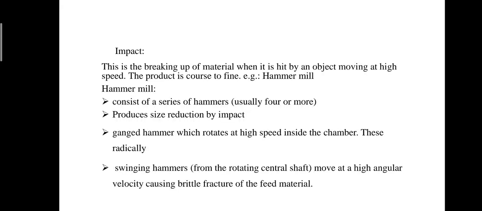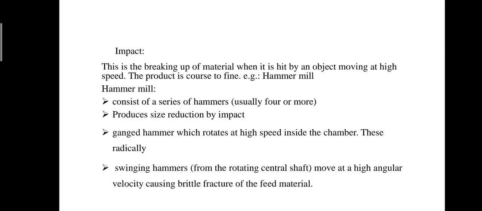Hammer mill is the most widely used grinding mill and among the oldest. Hammer mills consist of a series of hammers, usually 4 or more, hinged on a central shaft and enclosed within a rigid metal case. It produces size reduction by impact mechanism.